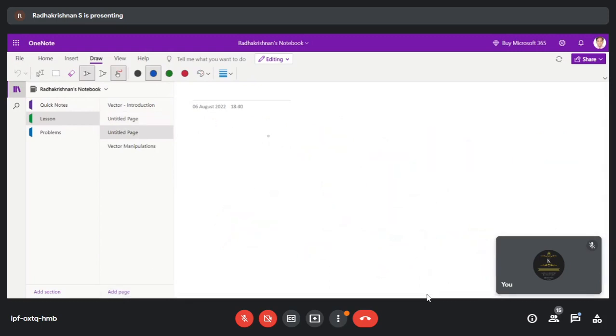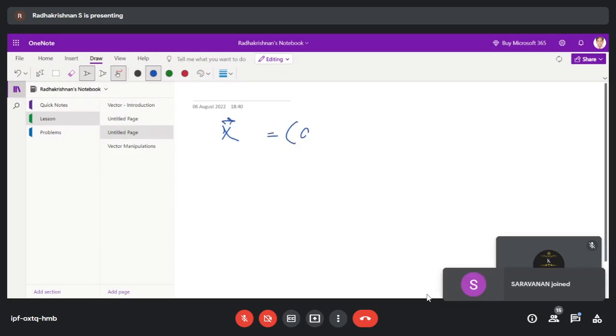The direction of that line can be represented in terms of the direction with the x-axis, the y-axis, and the z-axis. Clear? So suppose there is a position vector (a, b, c). We know its distance is given by the root of a square plus b square plus c square, and the x coordinate is a.